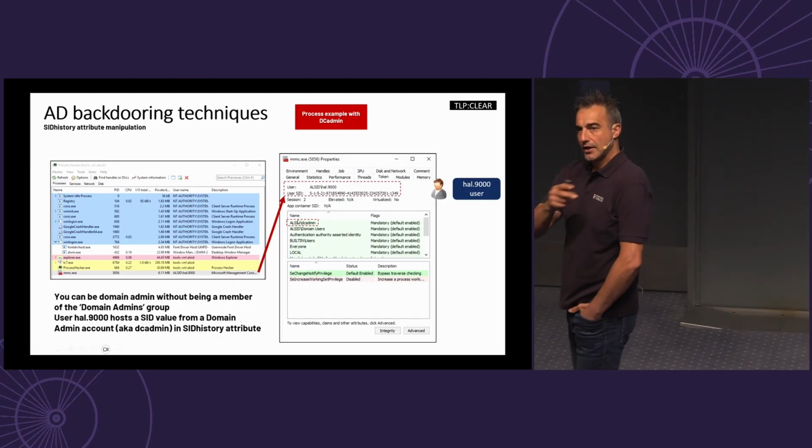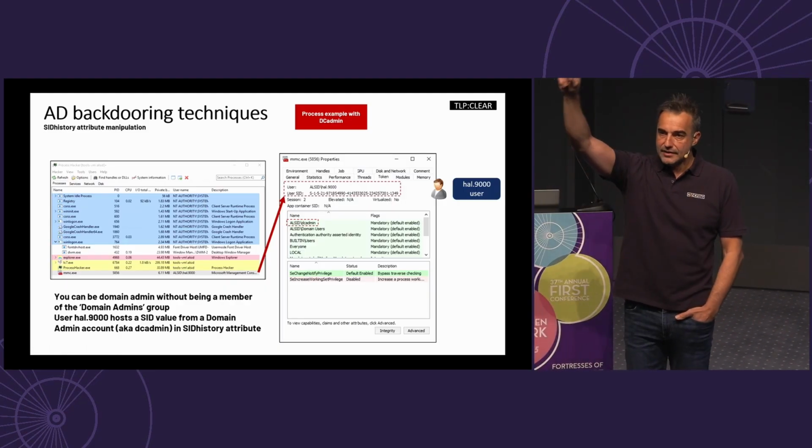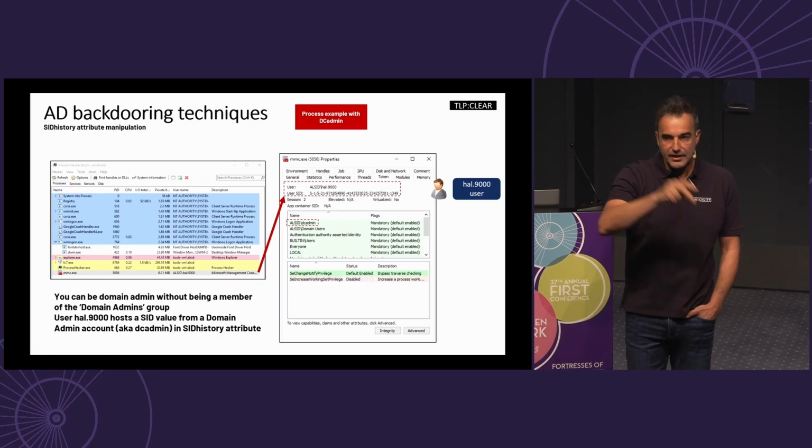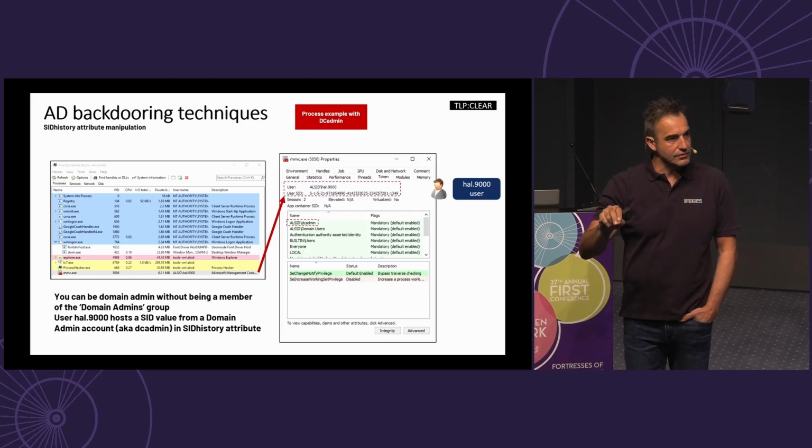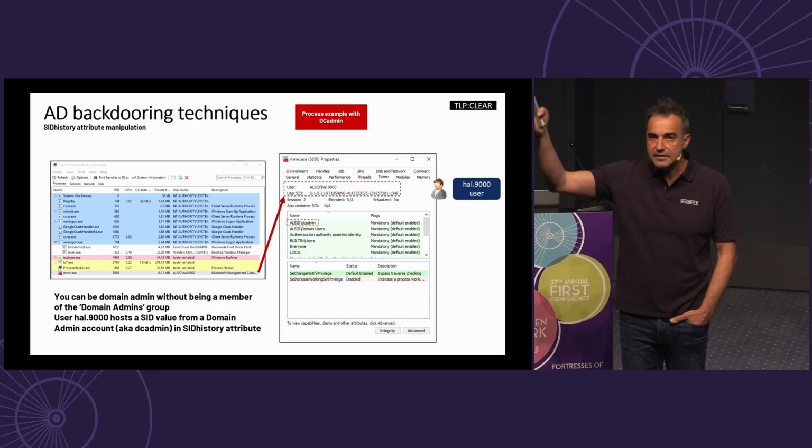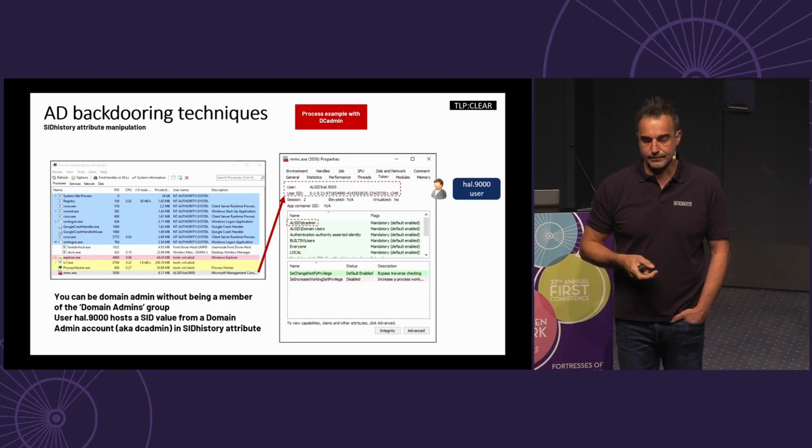Just because in this example, I took this SID from DC admin, I put it in the SIDhistory of HAL, and now HAL has the ability to do what DC admin is usually able to do.